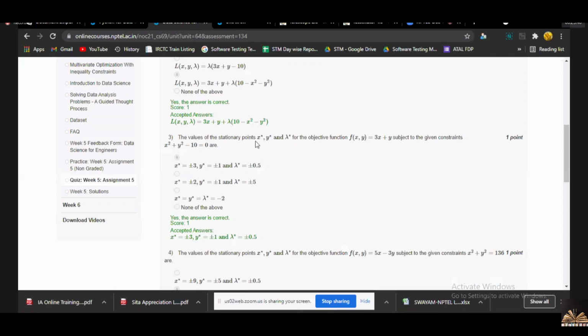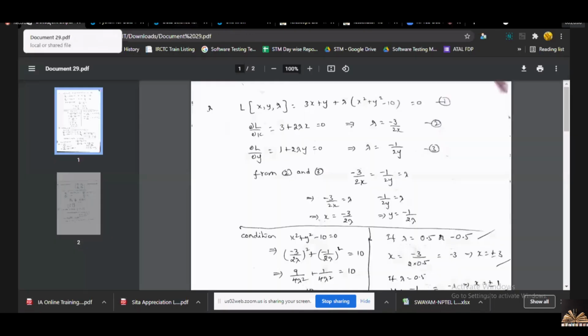So don't get confused between that question and this one. Here they ask to find x star, y star, and lambda star, the stationary points. When lambda is mentioned, obviously we need to use the Lagrangian function, which is the modified version of the objective function.